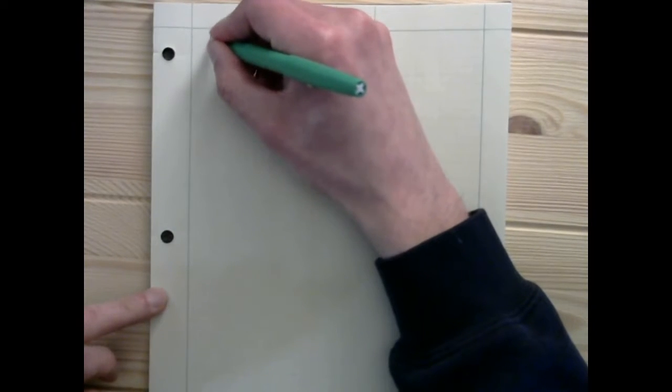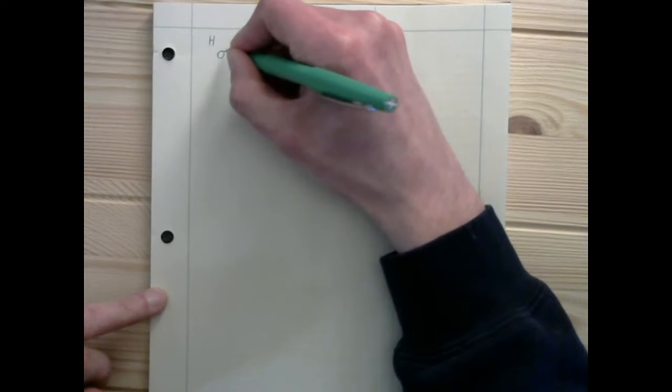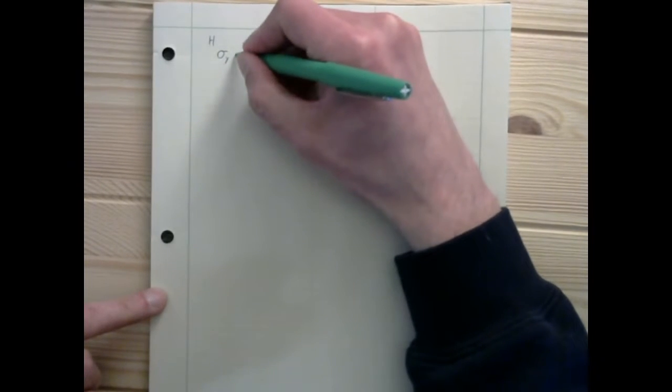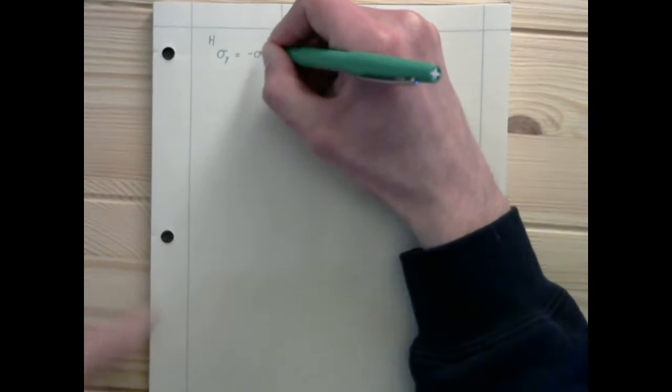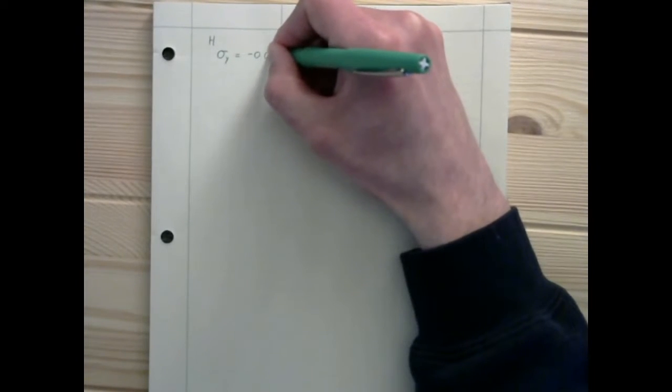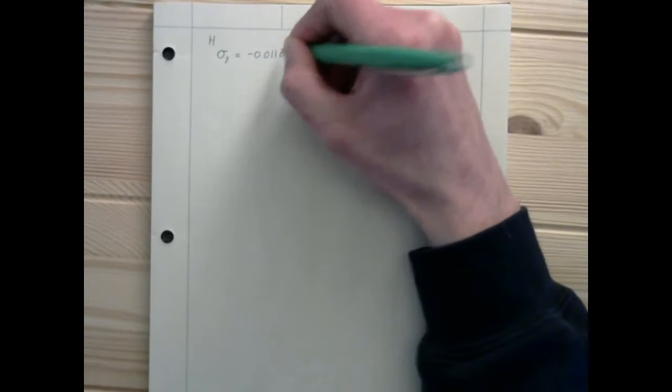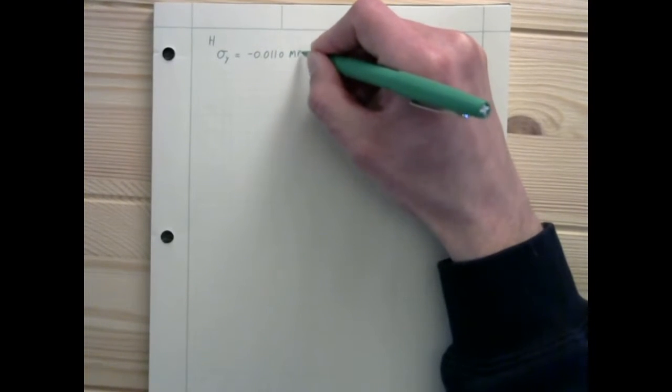Now that we've determined the stress from all of those sources, we'll need to sum them all together to obtain our stress state at point H. Remember, this only holds for point H. So, our normal stress in the y direction is going to be equal to negative 0.0110 megapascals.